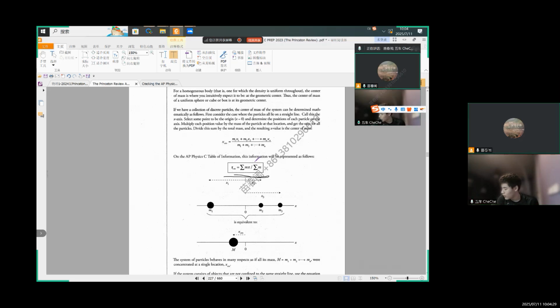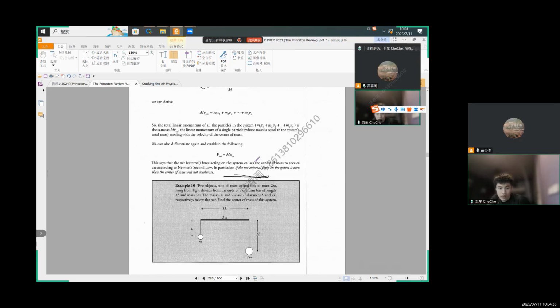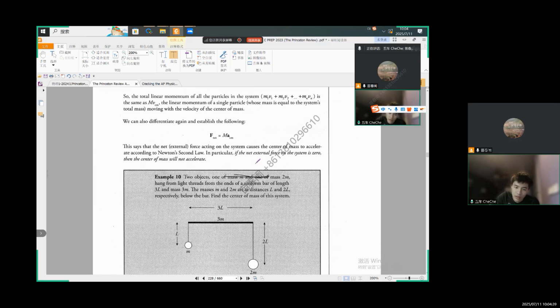Yeah, for example 10. It's saying example 10. Yeah, because the bar also has mass. So how would you measure its total mass? This might be a dumb question, but not the mass, the length, right?